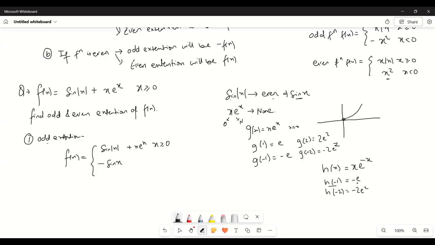Minus e. And what would be h of minus 2? Minus 2e square. Look, is this making sense? Yes, sir. So in that case, if g x is x e power x, what would be the odd extension of it? The odd extension would be x e power minus x.